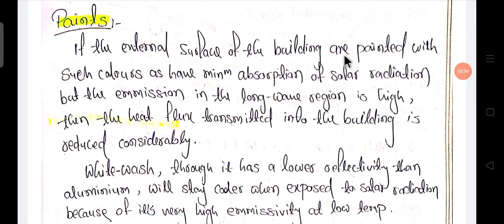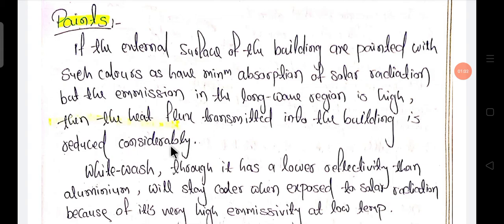If the external surfaces of the building are painted with a color that has minimum absorption of solar radiation, but high emission in the long wave region, then the heat flux transmitted into the building is reduced considerably.